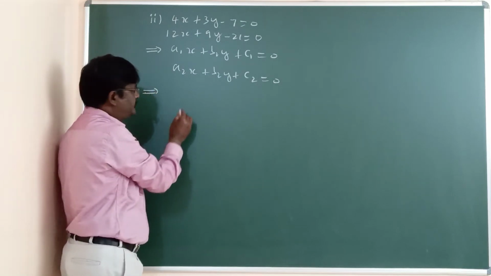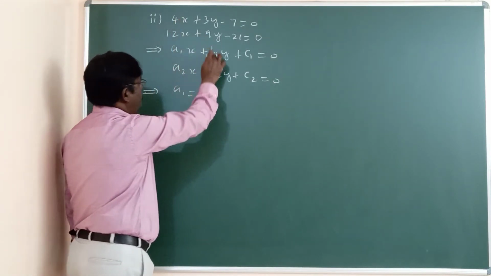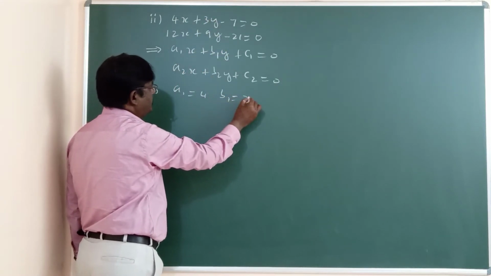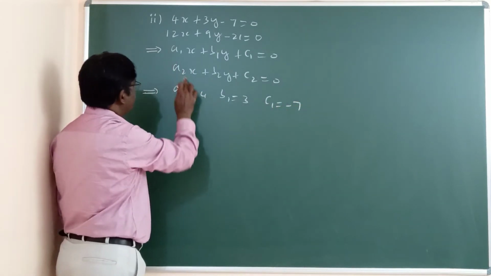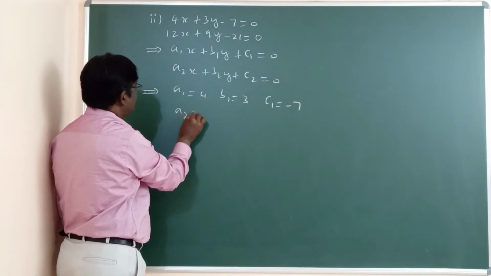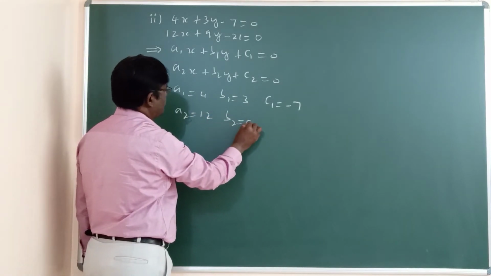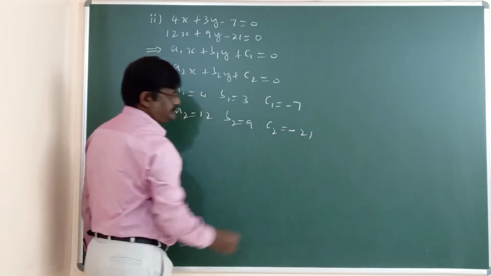This implies what? a1 is 4, b1 is 3, c1 is minus 7. Then a2 is 12, b2 is 9, c2 is minus 21.